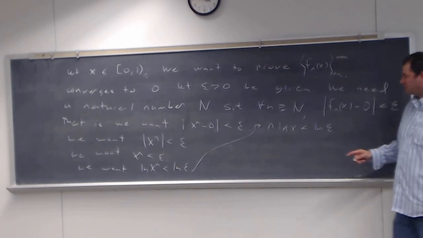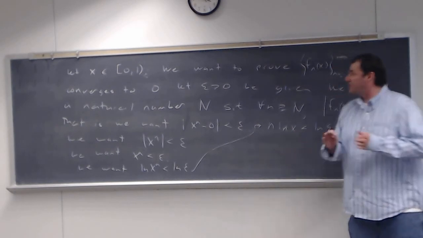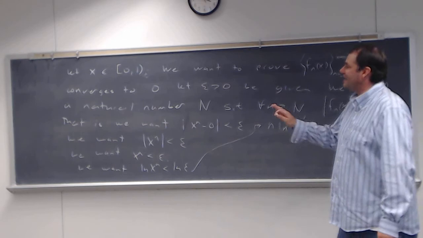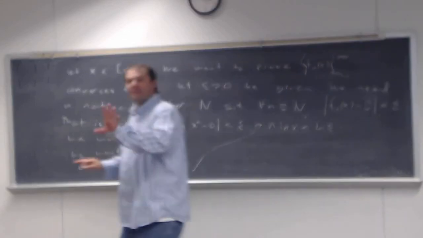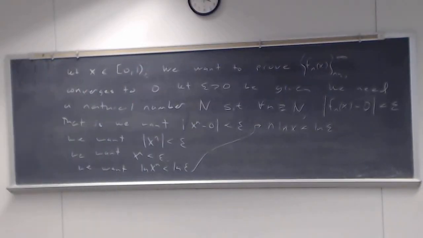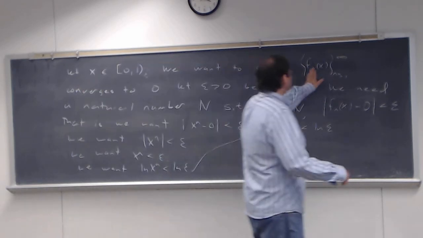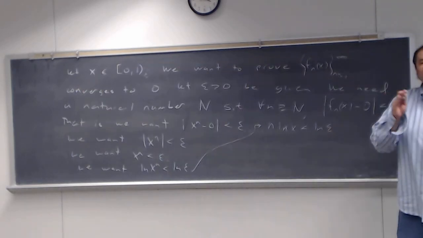Now, x is some number in between 0 and 1. And I guess I should be a little clear, so I think I'm in trouble for a second in terms of proof. If x is equal to 0, I can't take the log of it. Does that make sense? So if x is equal to 0, it's clear, f sub n of x.